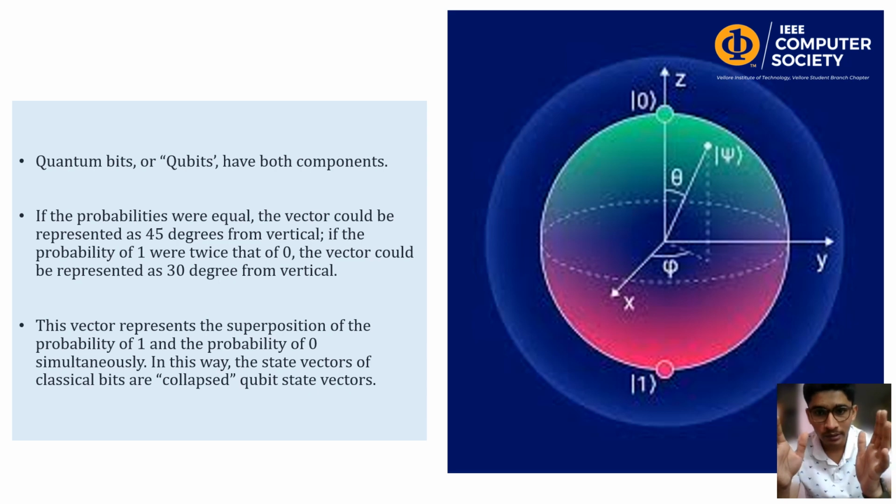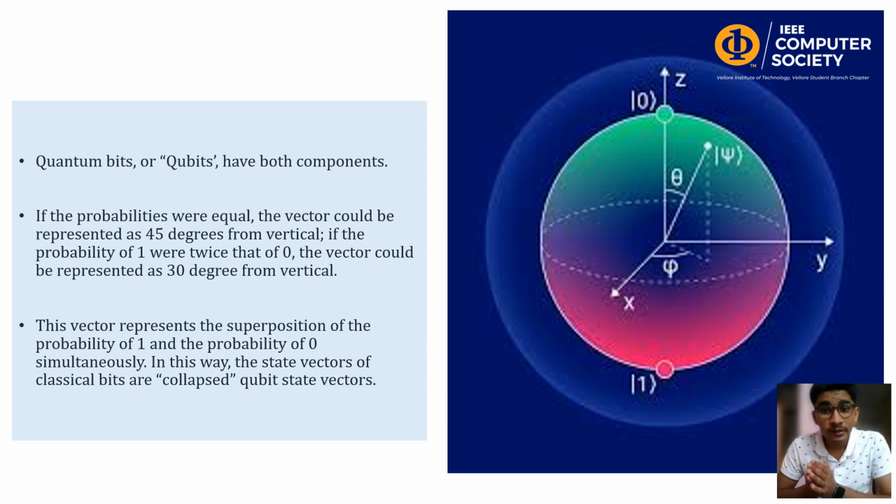Superposition is basically this, in very simple language: you toss a coin, and while it's in the air, it's obviously spinning. You cannot predict whether it will fall as a head or a tail, right? Similarly, you cannot predict whether it will fall as a zero or a one state, that is the ground state or the excited state, until it stops.